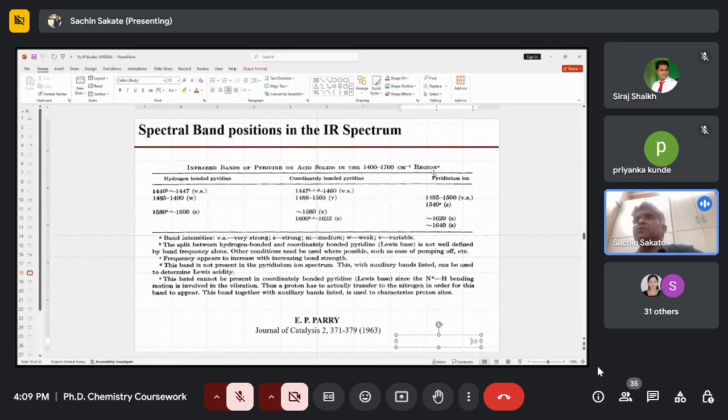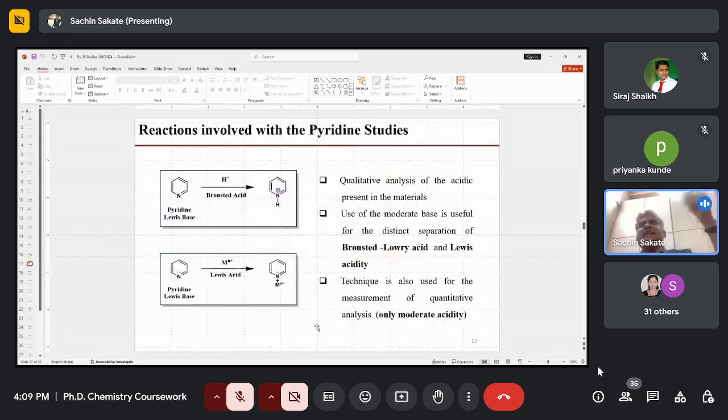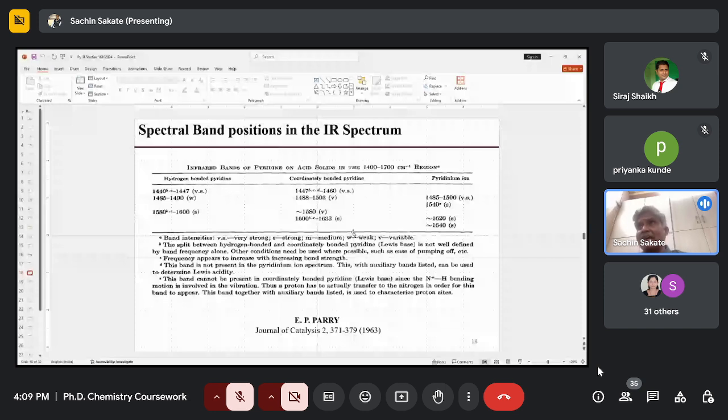So when you see the pyridinium ion, just relate the first slide. I will just go back once again. See, this is what is formed, that is N-H. So this pyridinium ion will be seen in the IR spectra at about 1540, strong.